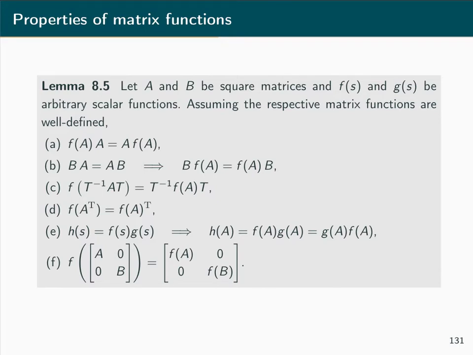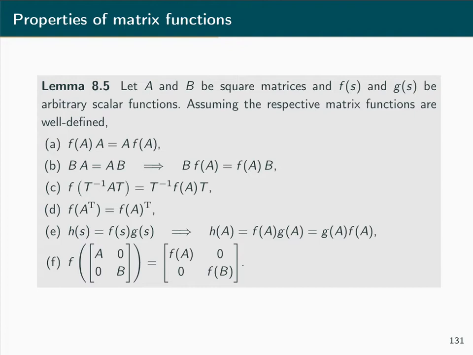Assuming that the respective matrix functions in the following statements are well defined, we have the following results. A: f of A times the matrix A is equal to A times f of A. B: if A and B commute, so B times A equals A times B, then B times f of A is equal to f of A times B.